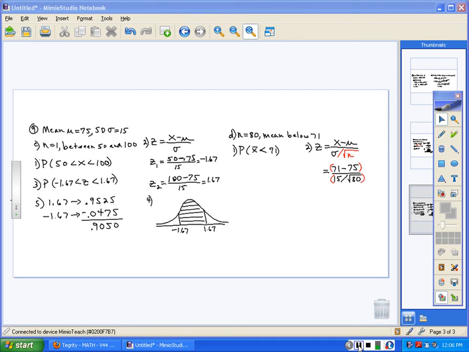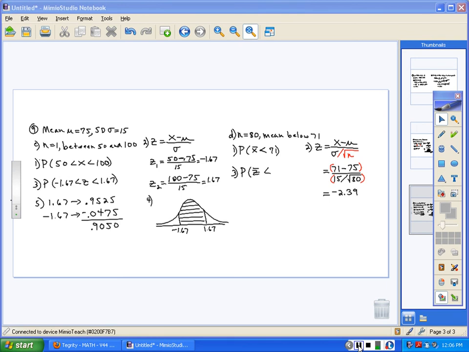So it's parentheses, 71 minus 75, close parentheses, divided by new parentheses, 15, divided by square root of 80, and then close parentheses. And we do round to 2 places, so it's negative 2.39. Negative 2.39.